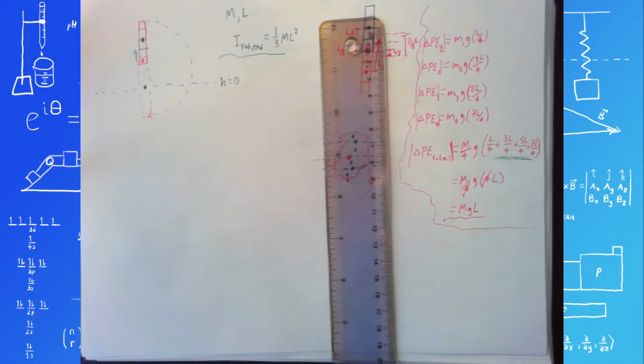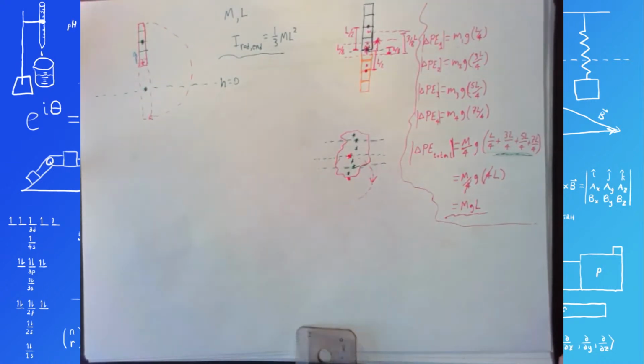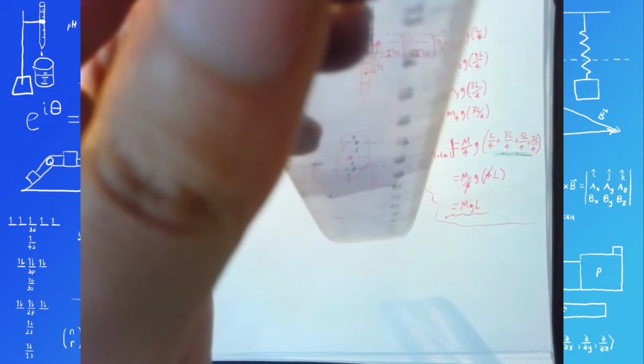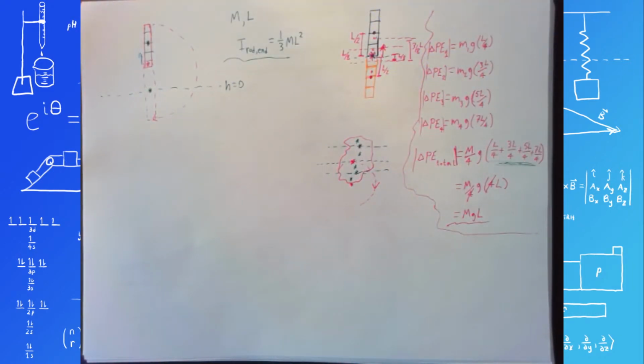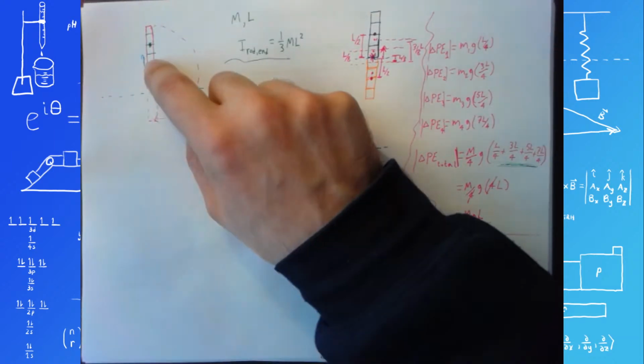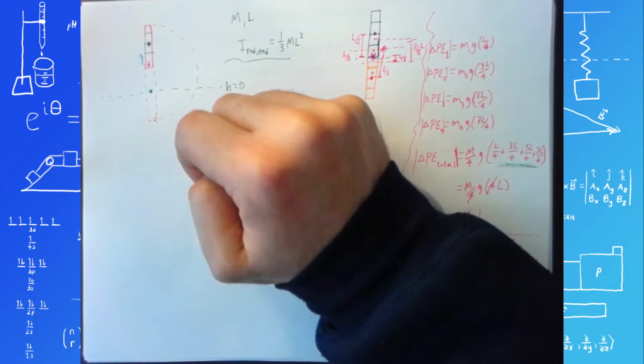Well, it doesn't fall that way, but it falls down the screen. I guess, can I even fit this in? No, I can't. There's no way. But you all can visualize, I hope, what would happen if there was no axis holding this thing. It would just fall straight down.